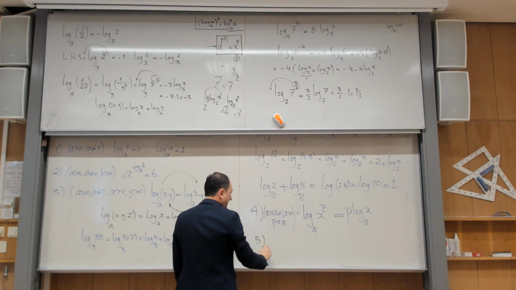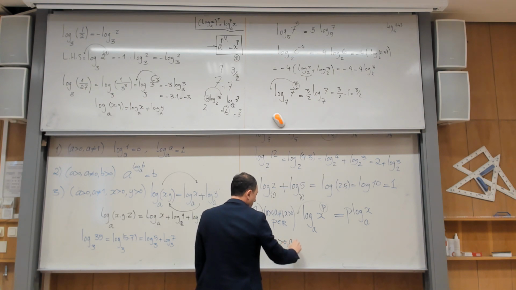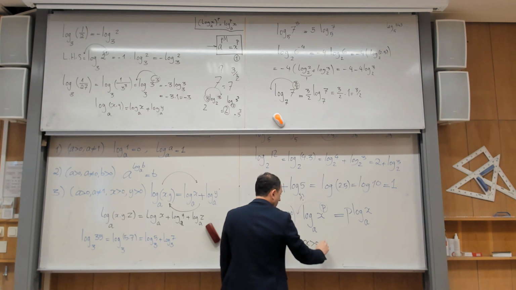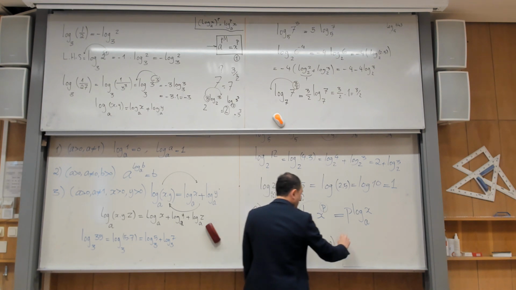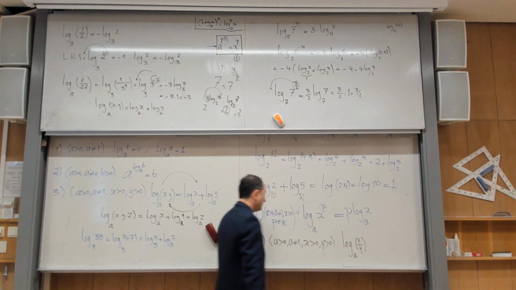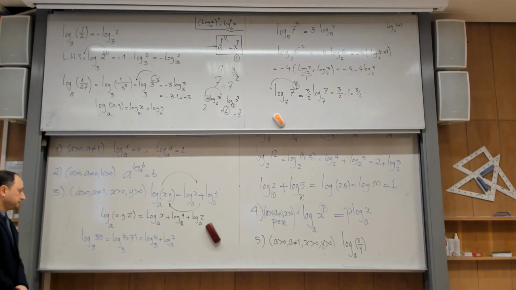So I would say that let a be positive, a not be equal to 1, x positive, y also positive. I am asking what happens if I have a log of a fraction. I learned that the product transforms to addition. But now I am asking you the same question for division.